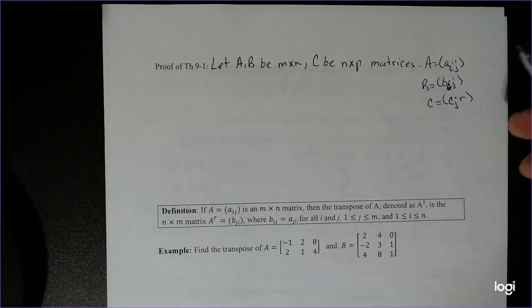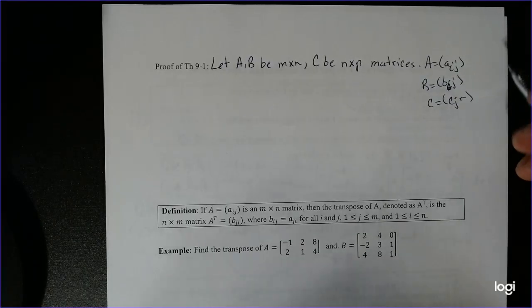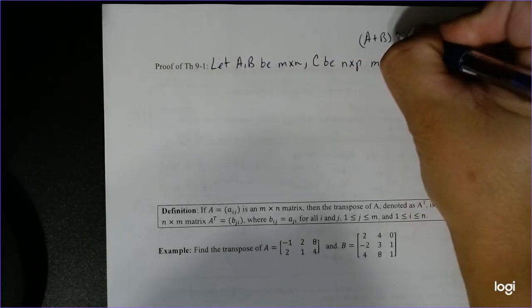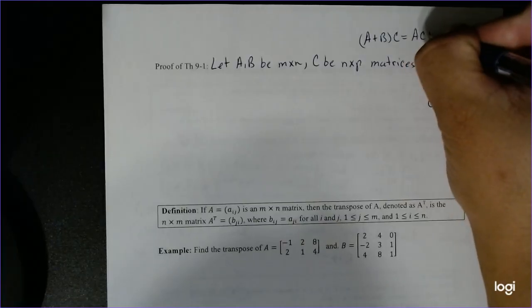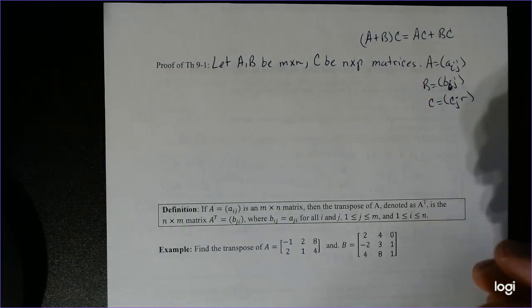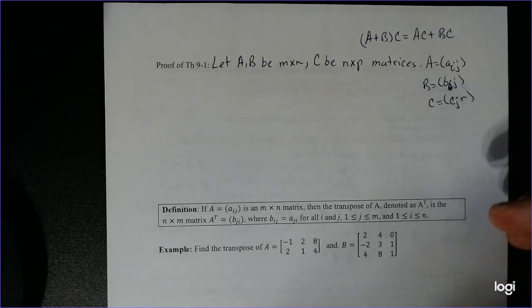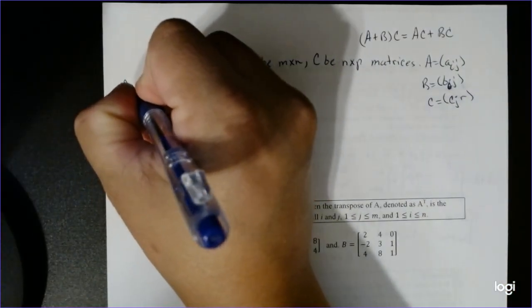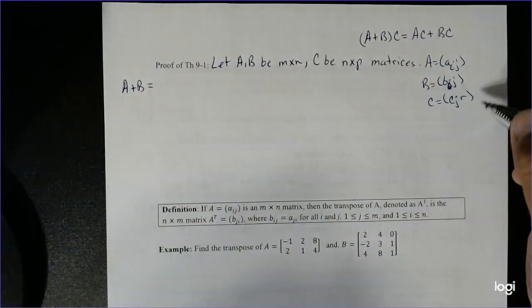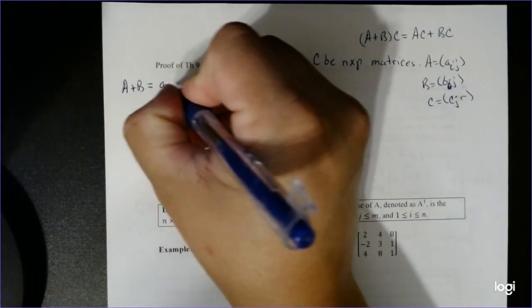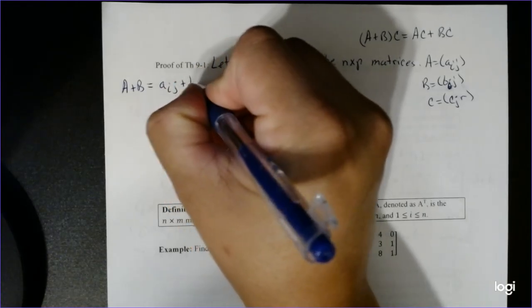Okay, so we want to show this, just in case you want to go backwards. Okay, that's our goal. Okay, so first we're just going to add the entries together. So A plus B is just the sum of these two, so just A_ij plus B_ij.